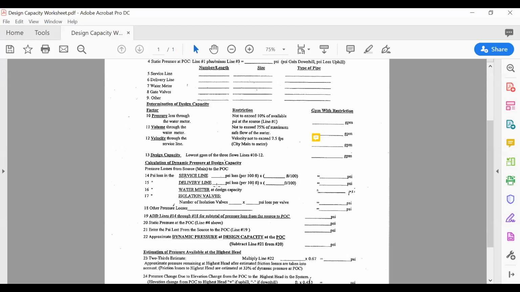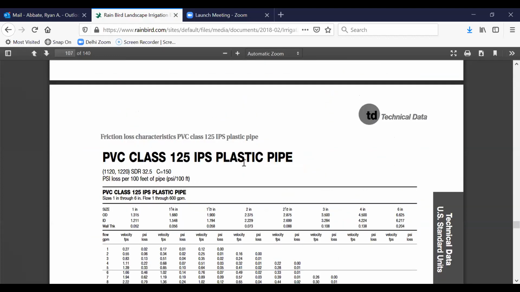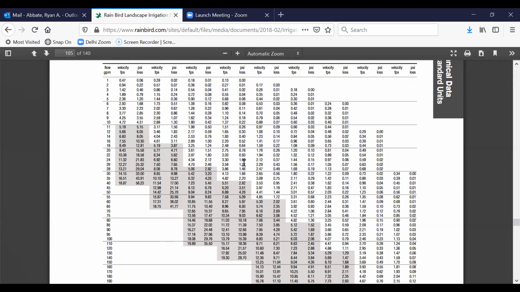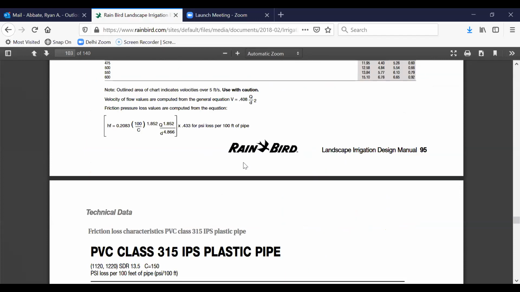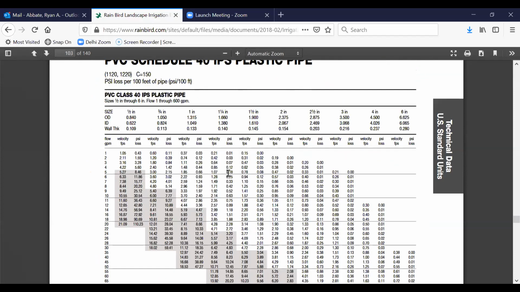So now our delivery line is going to be 3/4 inch schedule 40 PVC. So go back to our charts. We'll find schedule 40 PVC. All right. The size is 3/4 inch.